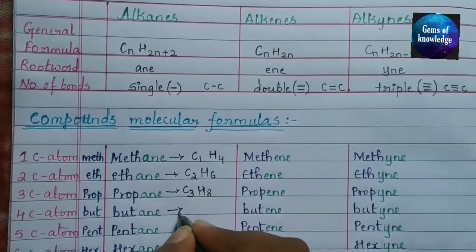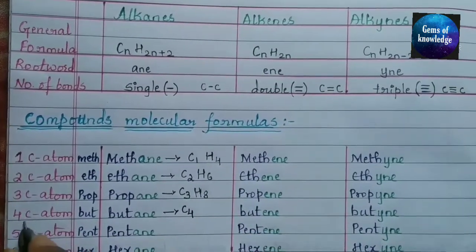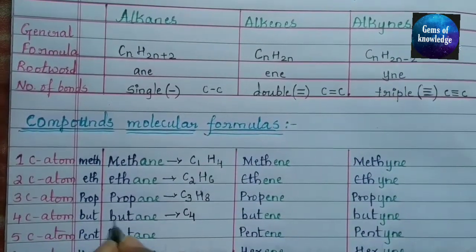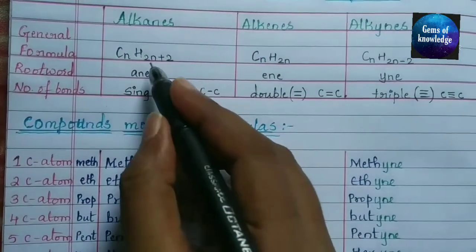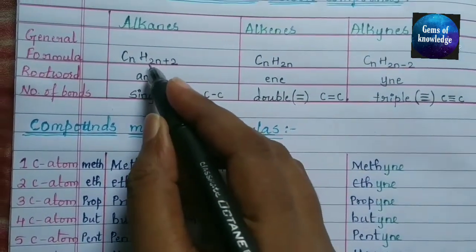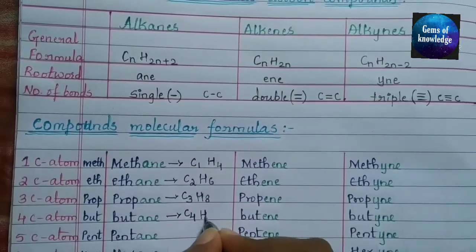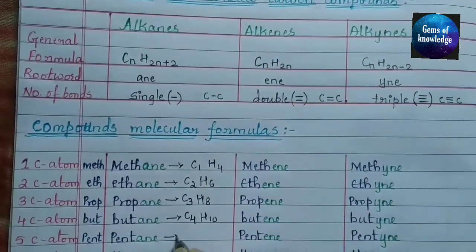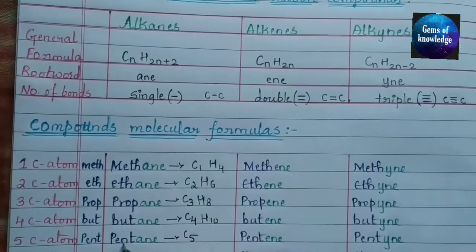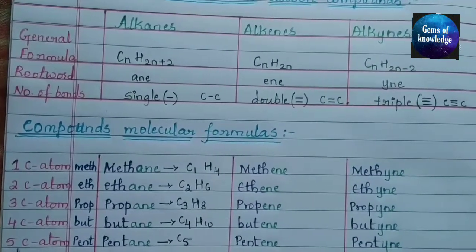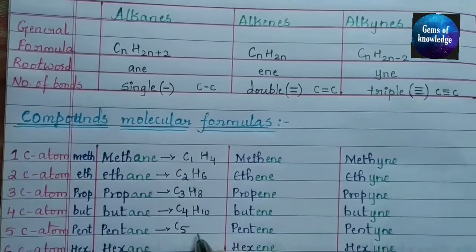Next, here we will get C4. Butane has 4 carbon atoms, and here we have to substitute 4: 2 4s are 8 plus 2 is 10. Next, C5, pent, 5 carbon atoms.